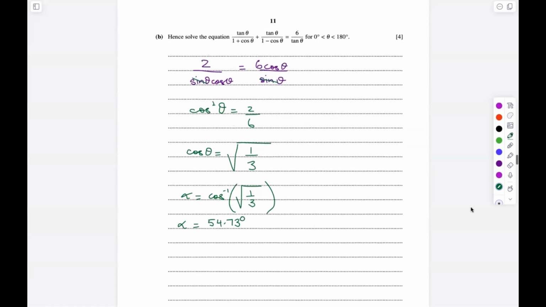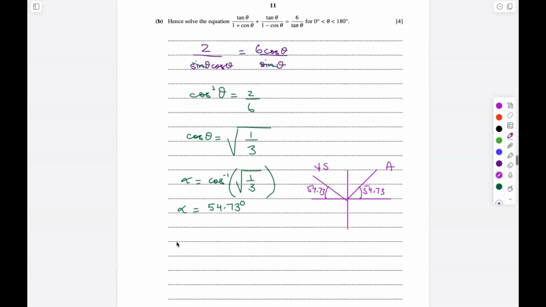Now, as it can be positive and negative both, and our values of theta have to be from 0 till 180, this is the first quadrant, this is the second quadrant. However, due to the square root sign, we'll be making 54.73 in the first quadrant as well, and the negative of cos as well in the second quadrant.